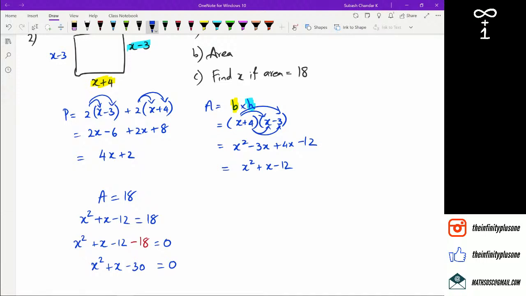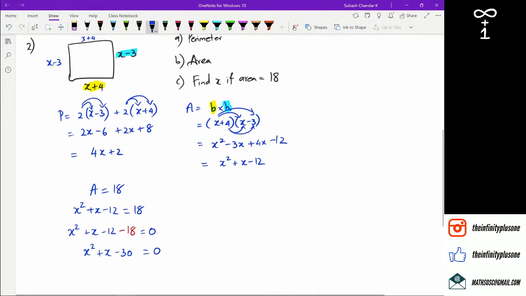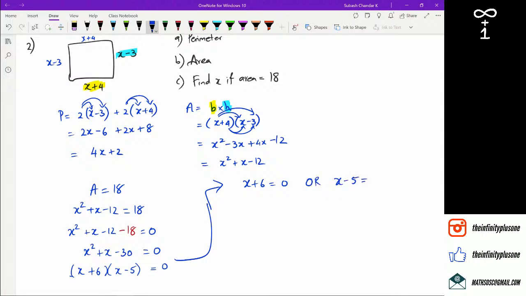So once we have that, once again, we are going to factorize this. When we factorize this, we're looking for two numbers that multiply to negative 30 and add up to positive 1. So we've got plus 6 minus 5. So then we can say that x plus 6 equals 0, or x minus 5 equals 0.